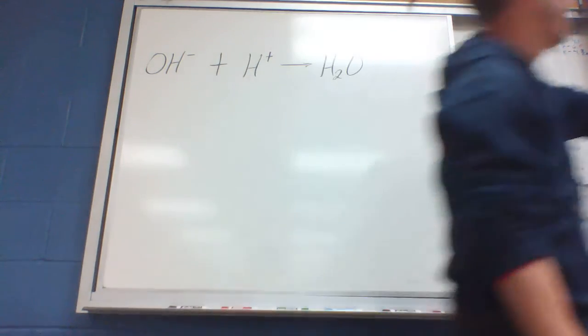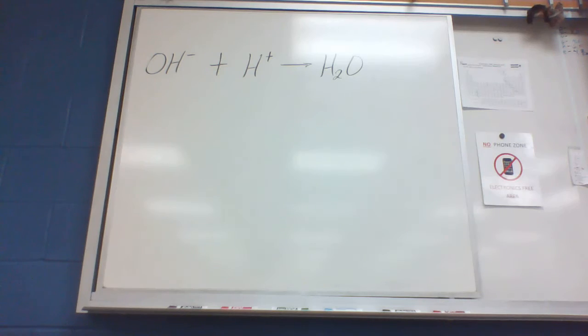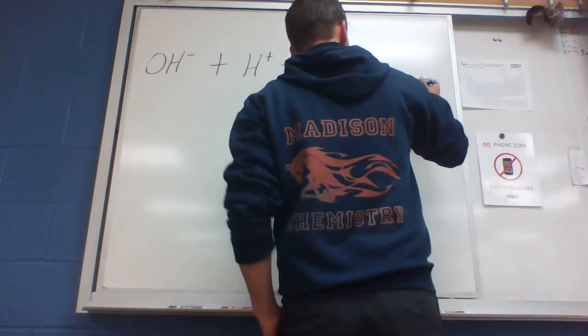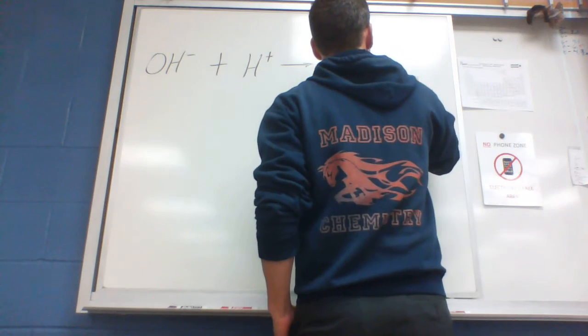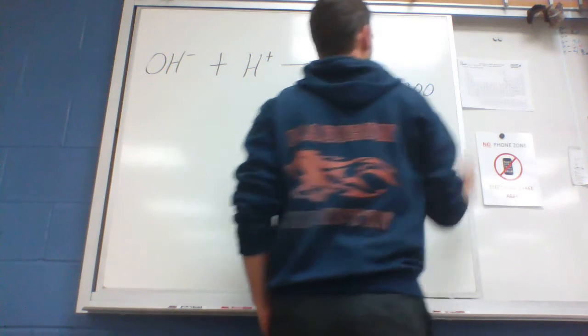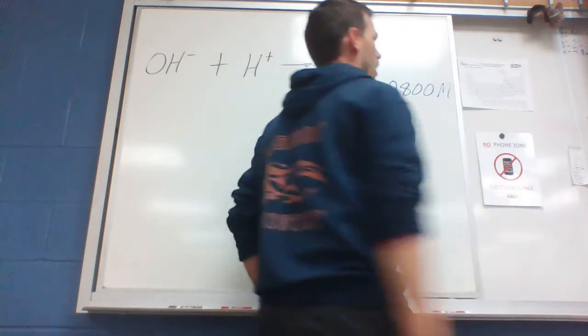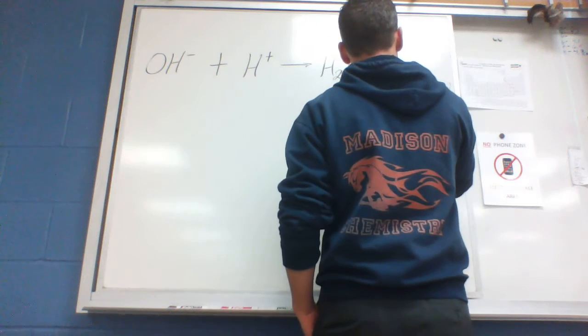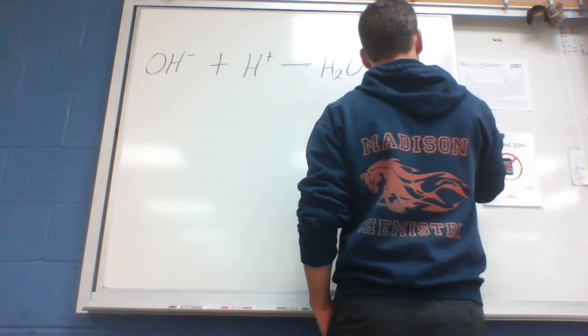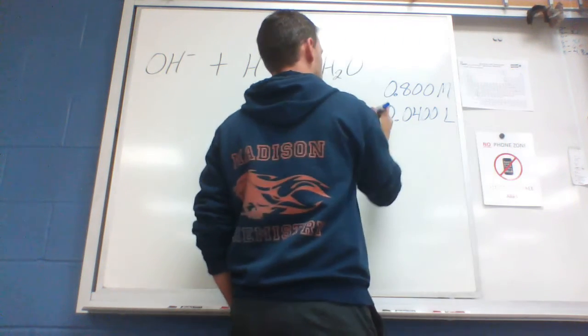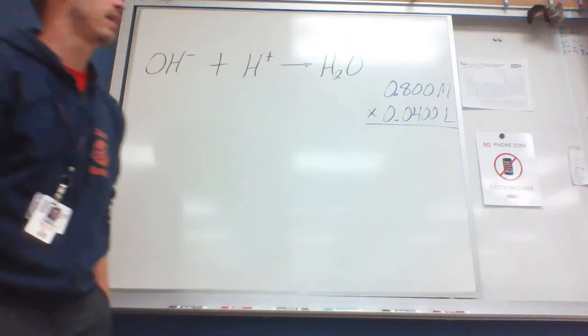So look here, HCl has a molarity of 0.8 and a volume of 40 mils. So that right there will give us moles.